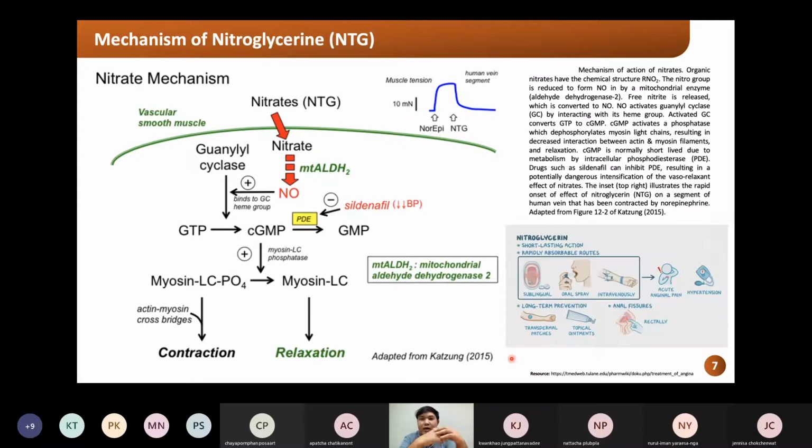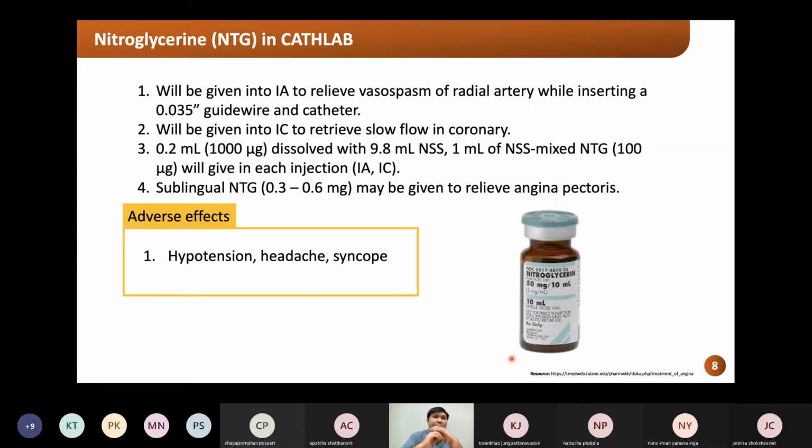The last one is for anal fissures, but I'm not sure whether NTG is administered for that in Thailand. I don't quite see this use in Thailand. Anyway, on this slide, I would like you to remember this.